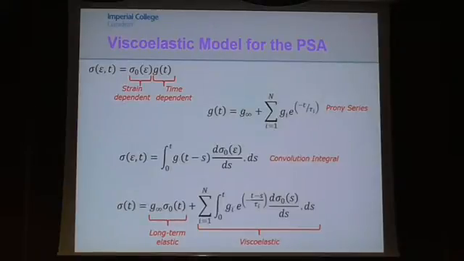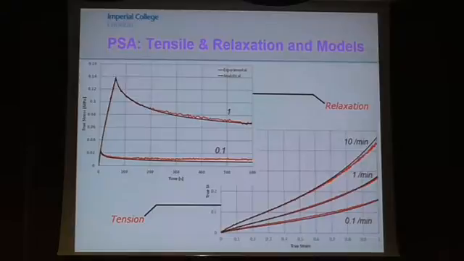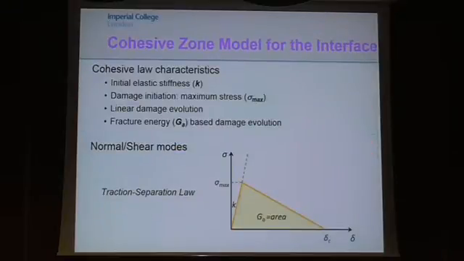Now in terms of the strain-dependent part, I use the Van der Waals hyperelastic material model, and then combining them into one, essentially all I need is the time and strain history for any kind of loading, and I can determine what the stress is. And applying this back to my original data, you can see that it fits quite well, which means now I can model my PSA.